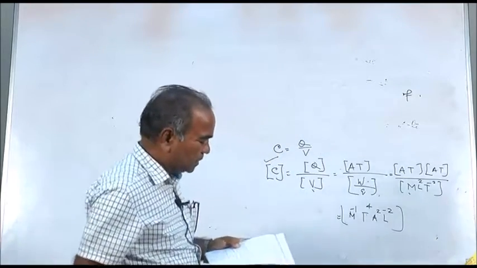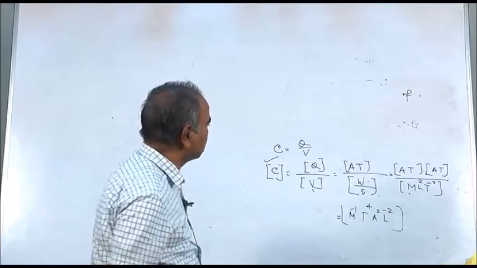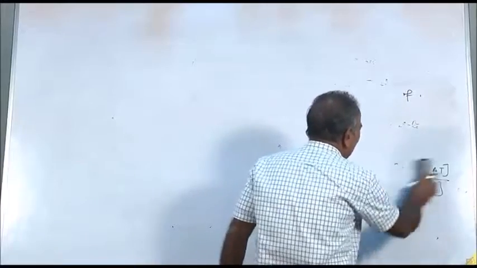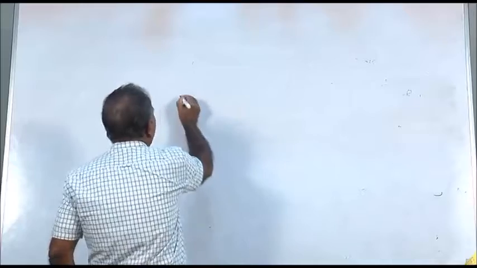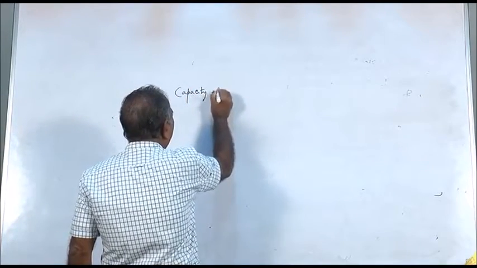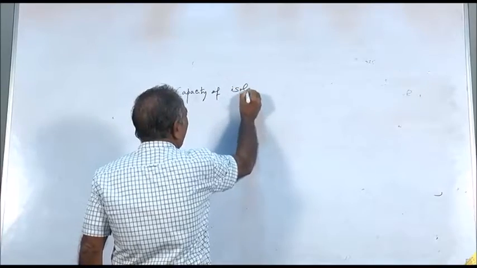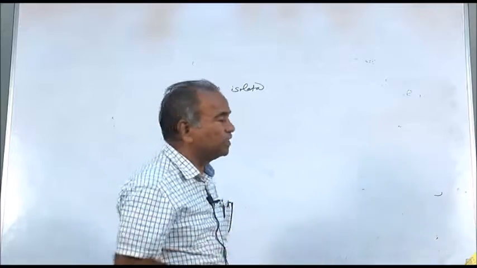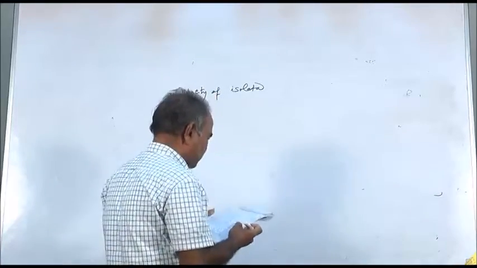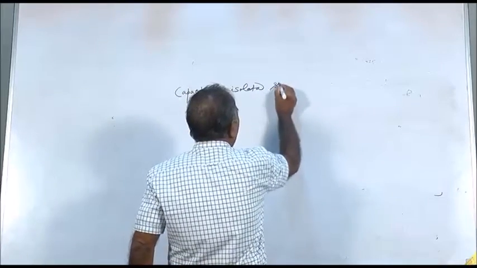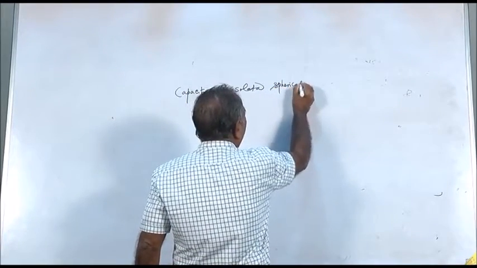Then we will find the capacity of an isolated spherical charged conductor. Isolated means no other charge is placed in the surrounding except this charge.